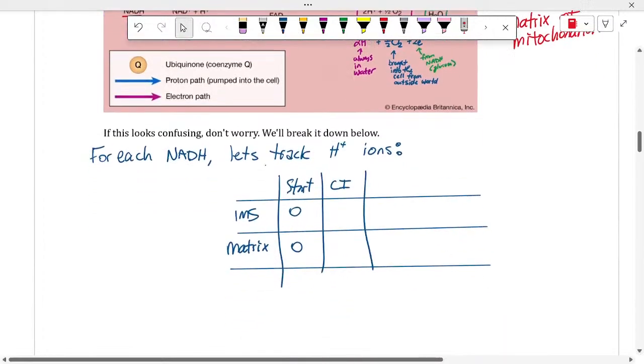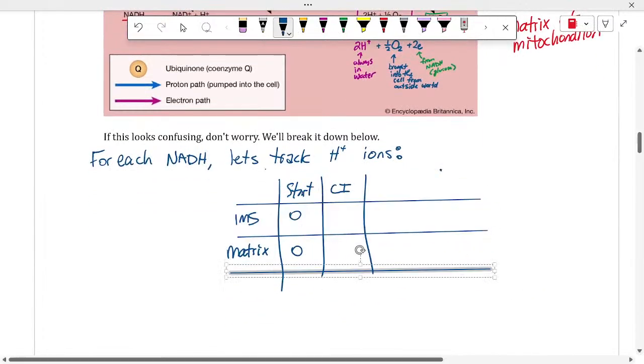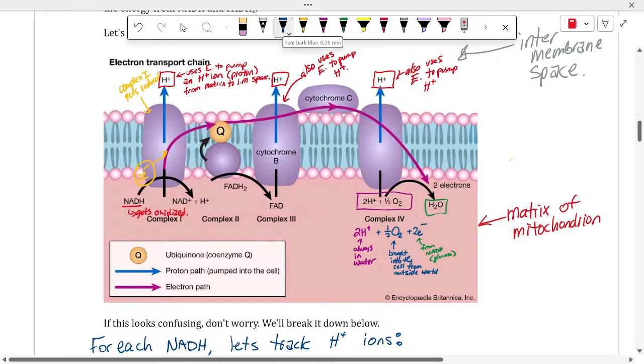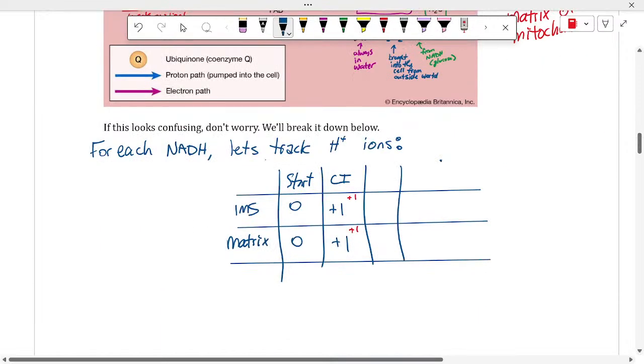So here we go to +1 and +1, because this pumped one through and this released one. All right, complex 2 doesn't do anything. Complex 3 is another pump. And in complex 3, we pump another one here. So what does that bring us to outside? +2 now. And nothing changes here, so that stays at +1.